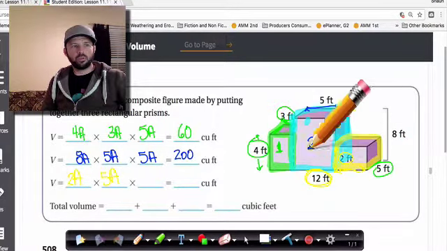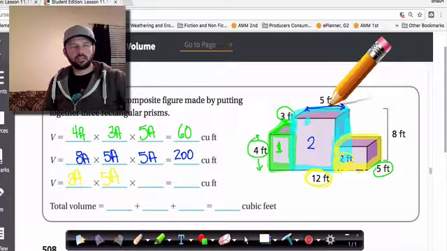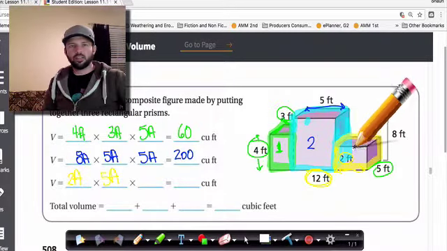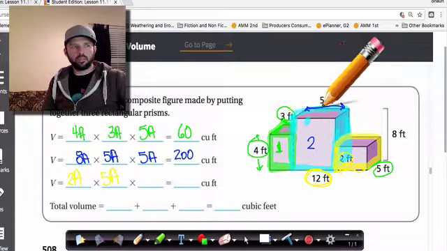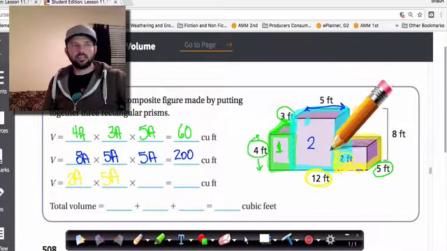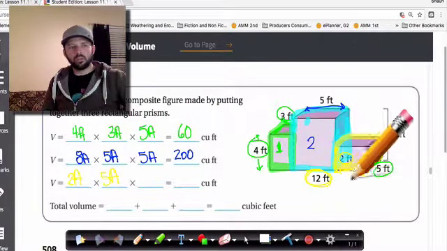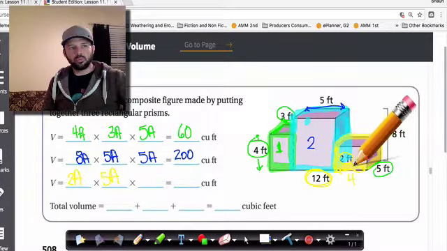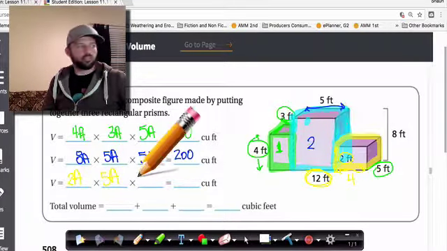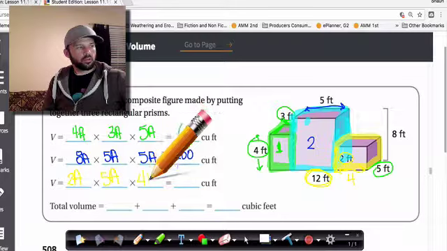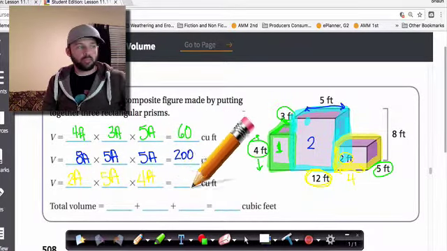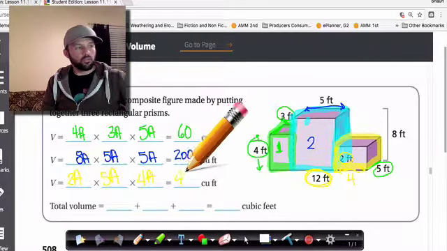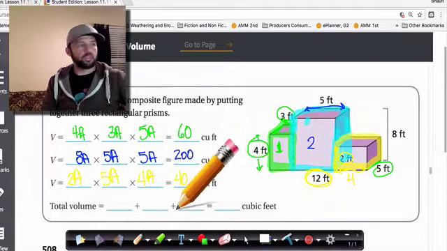So if my total is 12, this guy takes up 3, this guy takes up 5, so whatever's left in that 12, that's going to be his length. So 3 and 5 is 8, so it would take me 4 more to get to 12. So that means his length has got to be 4 feet. And 2 times 5 times 4 will give me 40 cubic feet.